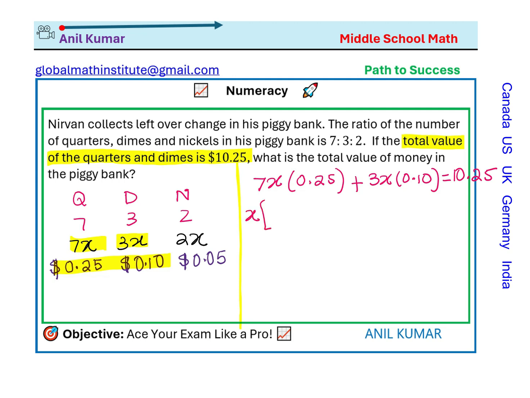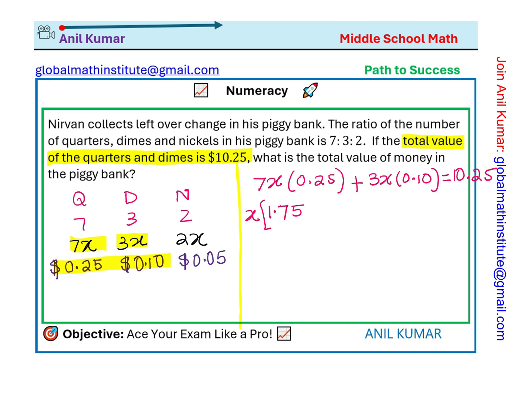7 times 0.25: 7 times 5 is 35, 7 times 2 is 14, and 3 is 17. So 1.75 plus 3 times 0.10, which is easy, 0.30. And all this should give me $10.25.